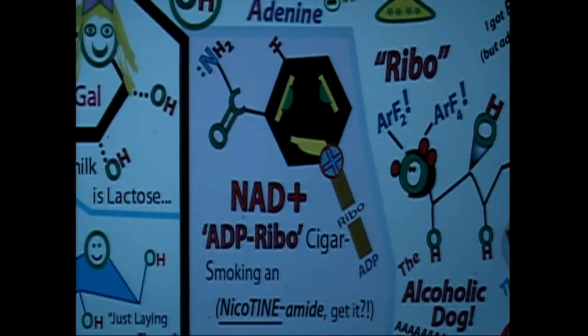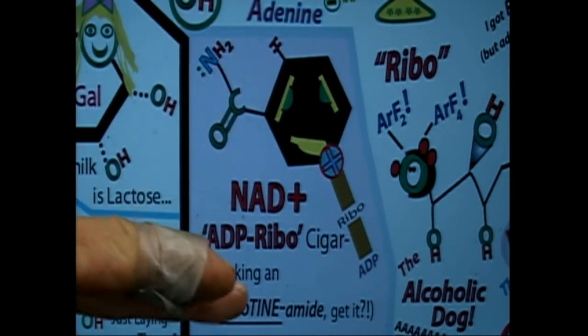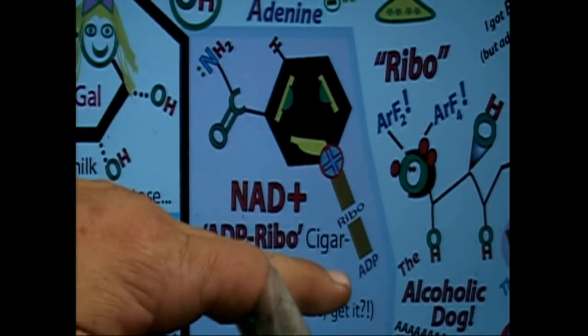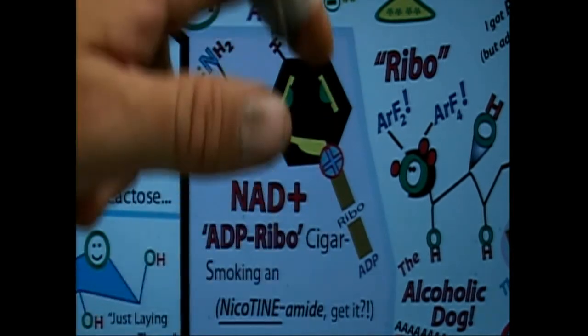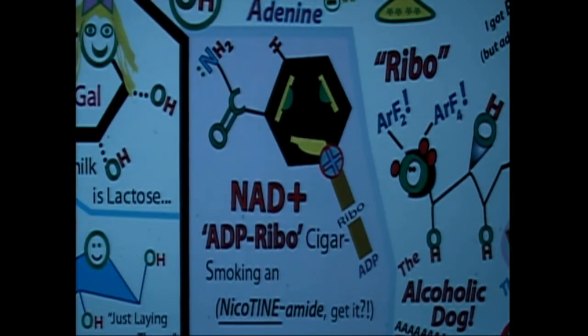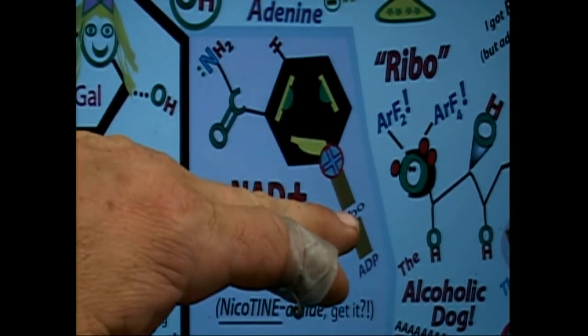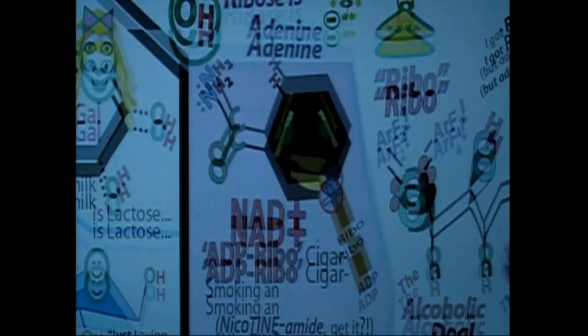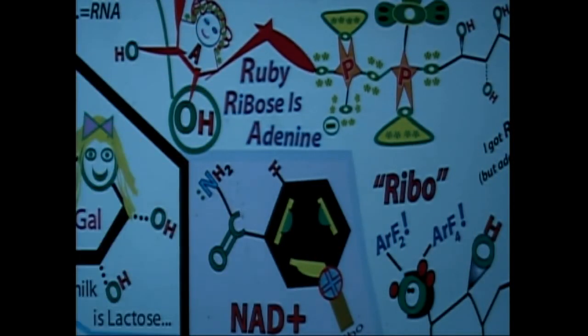That's why you hear nicotinamide, nicotine, amide, get it? He's smoking a ribo ADP. This is part, like up here with ruby, it's part of a longer molecule, a ribose and an ADP. Well, that's kind of what was up here, right? Same structure with ribose holding on to ruby there.